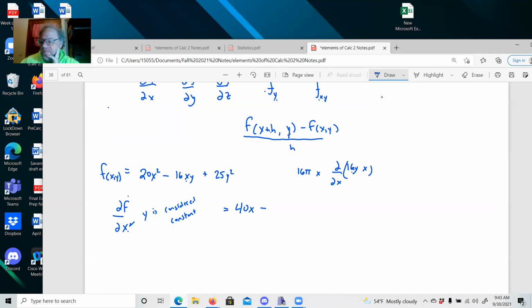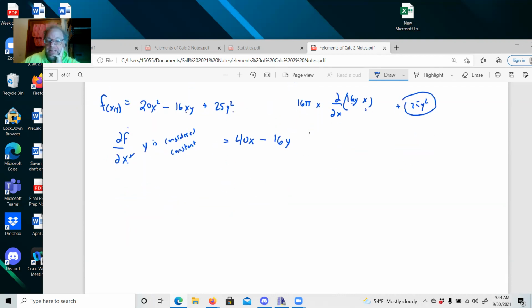The 16y is considered a constant. The x is the variable, so we're just going to have 16y here. Okay, and then 25y squared. Well, y is a constant, so as far as x is concerned, this whole term is considered to be a constant. So we're done, right? Because the derivative of 25y squared, as far as x is concerned, that's all constant. That's going to be a 0.